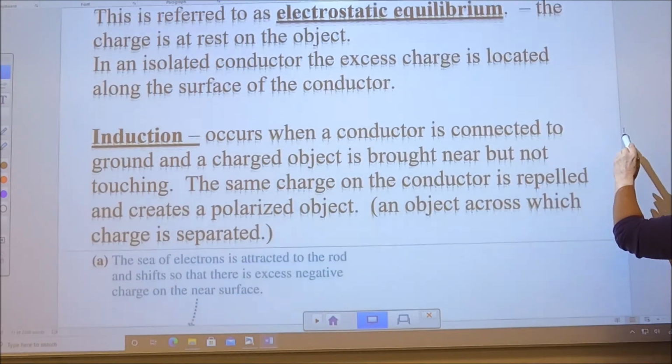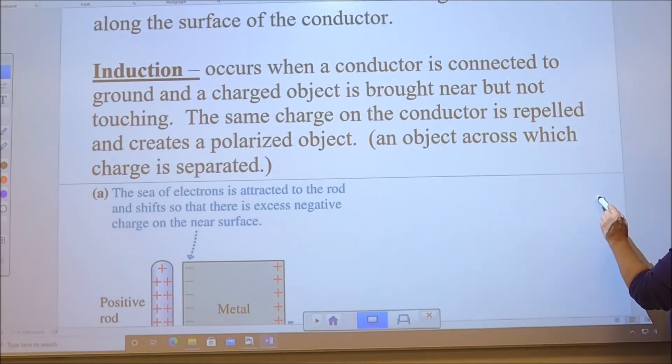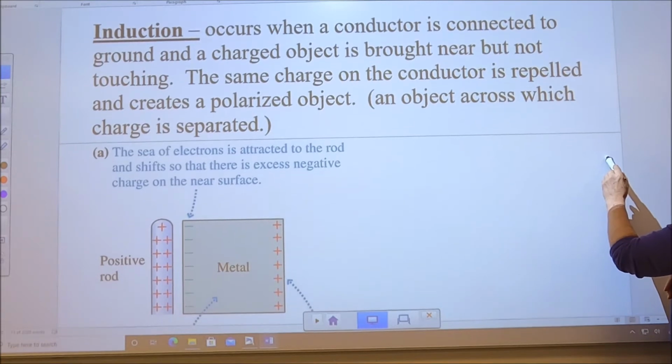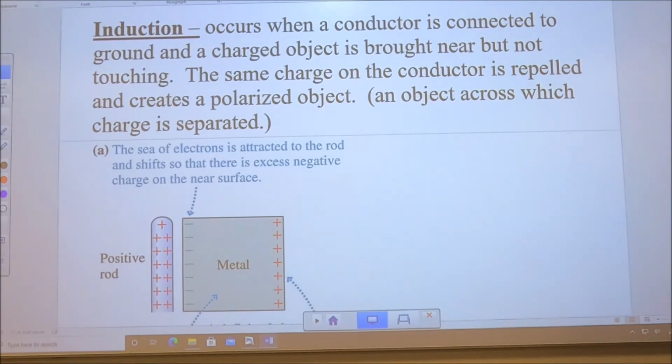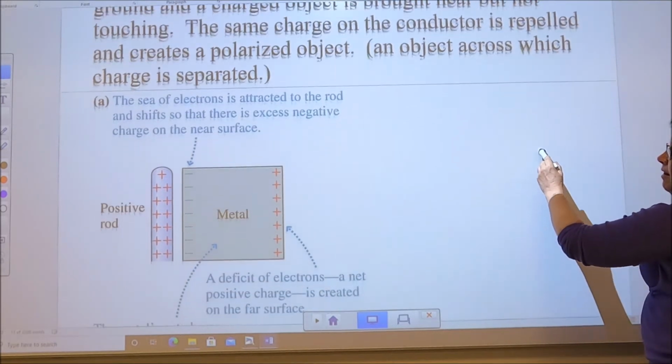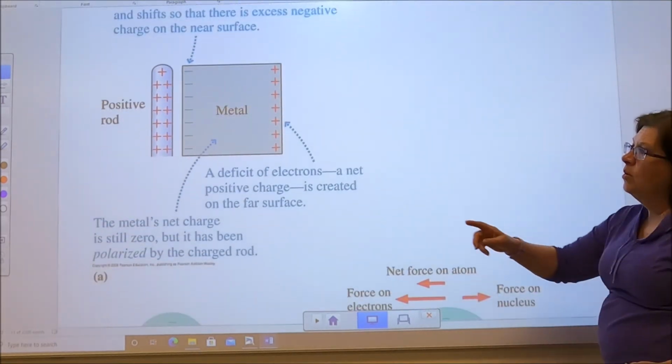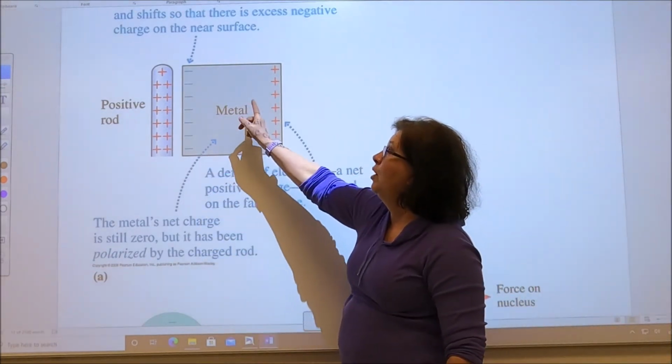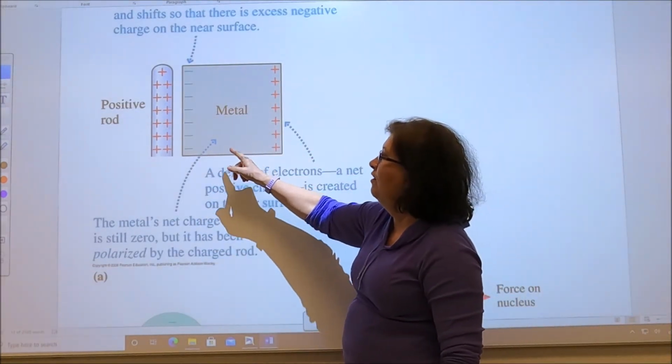The other way to produce a charged conductor is through induction. It occurs when a conductor is connected to a ground and a charged object is brought near but not touching. The same charge on the conductor is repelled in the metal and creates a polarized object, okay, kind of like this guy here. So we brought a positive rod up close but not touching a sheet of metal.